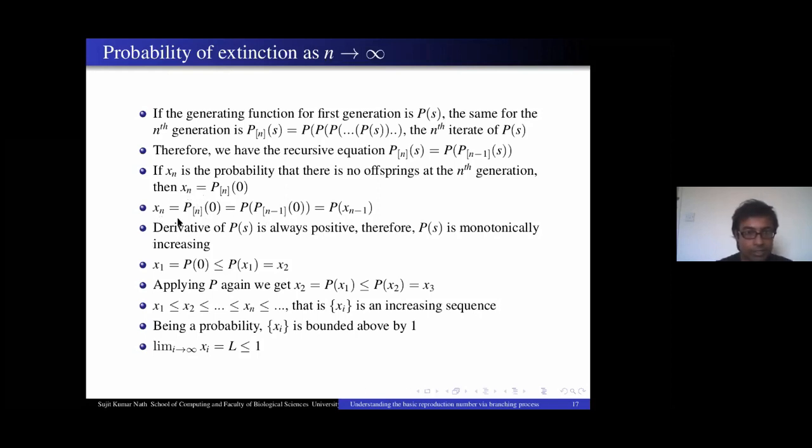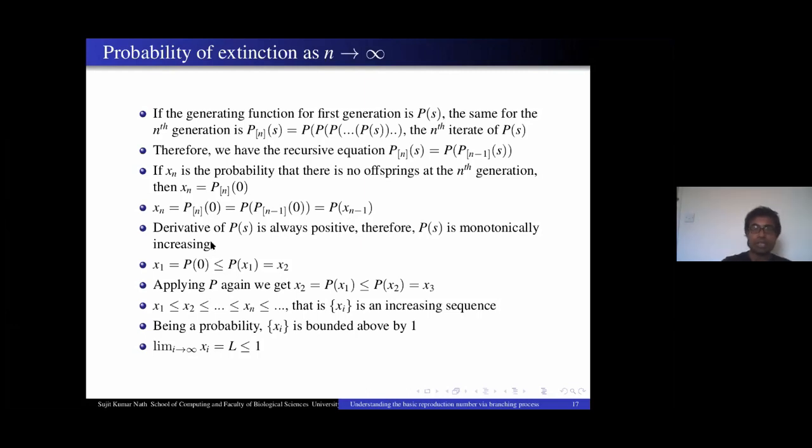And this recursive relation is again valid for the probability of extinction as well. So x_n equals P_n(0), which is P of P_{n-1}(0), and P_{n-1}(0) again is the probability that the species goes extinct after n minus 1 generations, which is by definition x_{n-1}. So x_n is basically P of x_{n-1}, and so on.